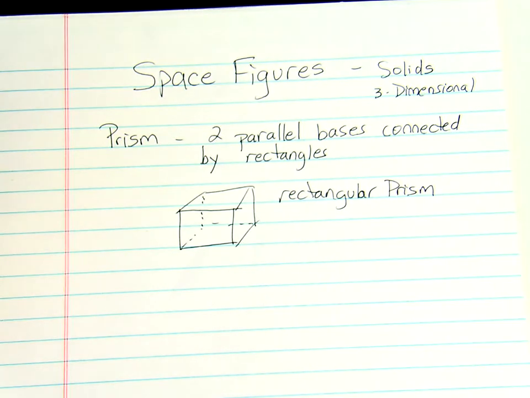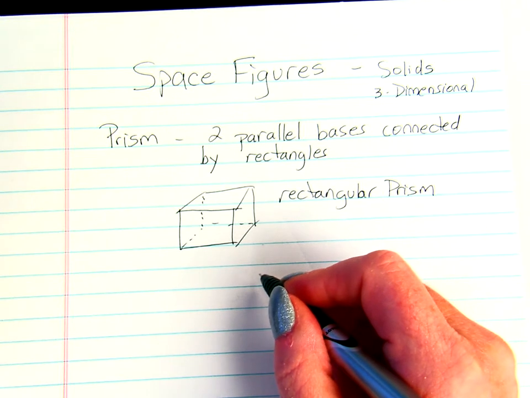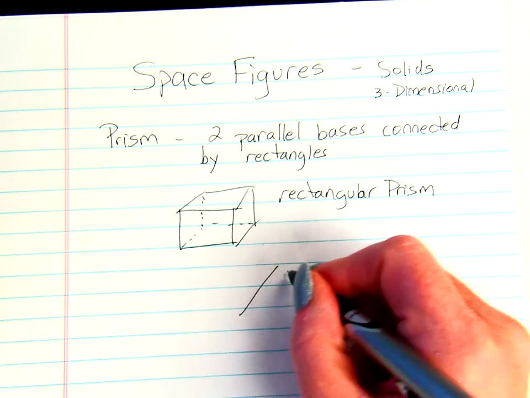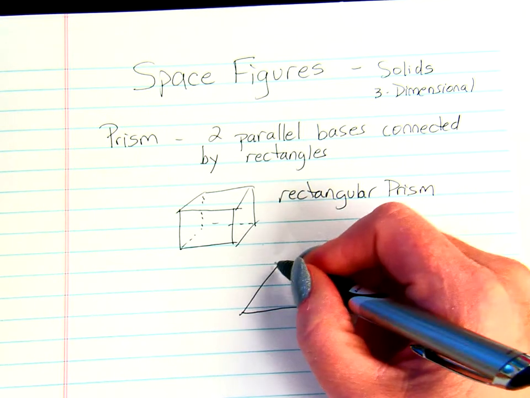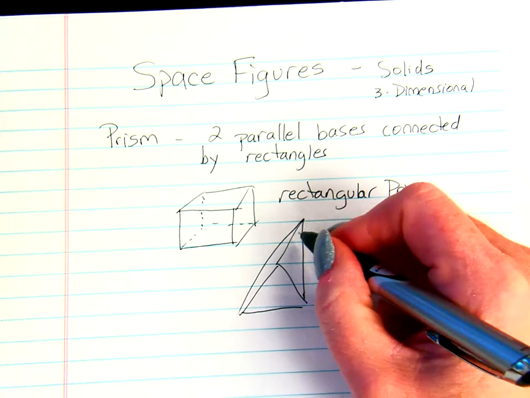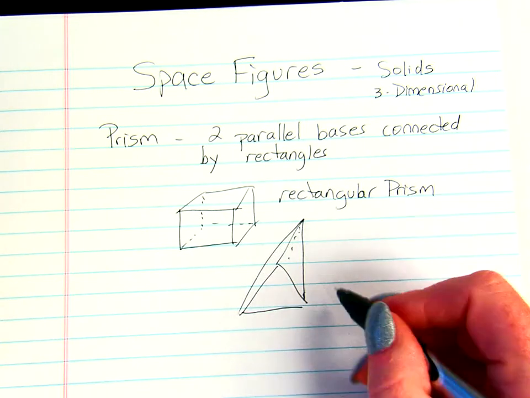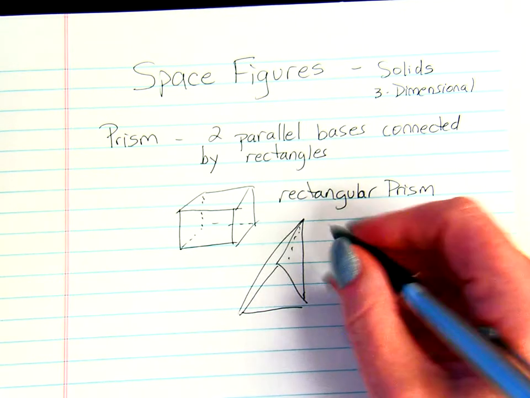Now if I had a base, and of course it's a little bit harder to draw, if I had, let's say, a triangular base, it would be kind of like this. It's really kind of ugly.